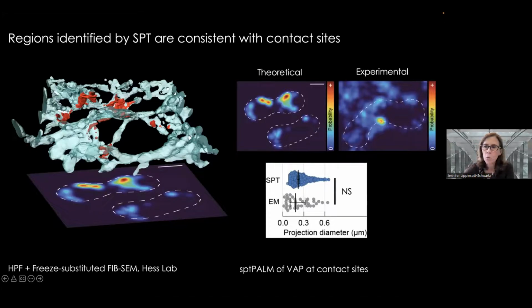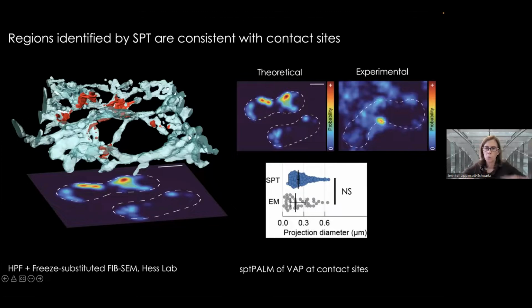So we say, okay, well, let's take this region here and project it in 2D and look at what we would see. And what you're seeing at the bottom is just a projected 2D image of this FIB-SEM reconstruction. This is where the contact sites are, and this is exactly how they would appear in 2D. And what's interesting is that's exactly what they look like in our single particle tracking, which is 2D.